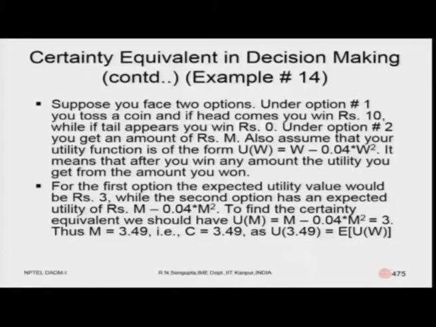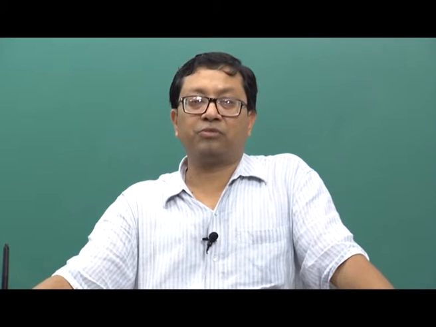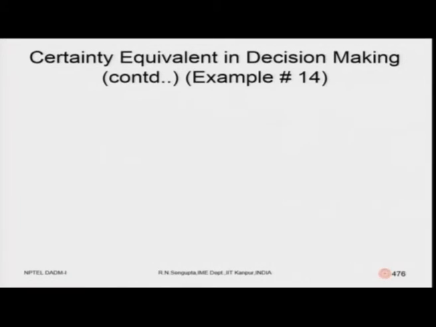Obviously 10 is there on the table, and when I see a 10 rupee note, it would mean that the overall value of the 10 would accrue to me as a utility based on the utility function. Okay, so let me check the value. So, it is 10 and 0, and the utility is w minus 0.04 w square.